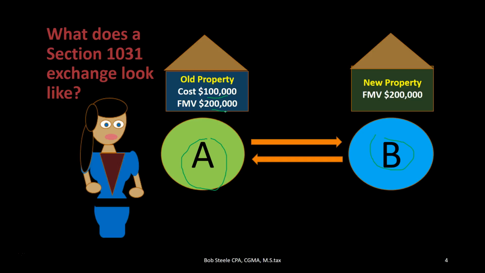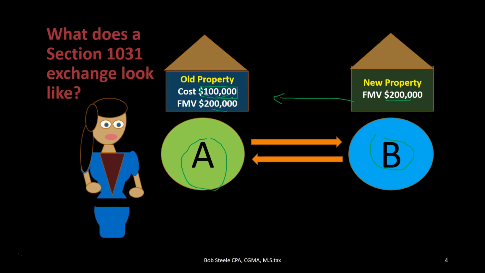If, on the other hand, we exchanged it here for another property that happened to be worth 200,000, then the 1031 exchange could take effect in that case, eliminating the tax and keeping the new property that we would then have over here on the books at the old property's cost or basis. That's the basic idea or concept of the 1031 exchange.